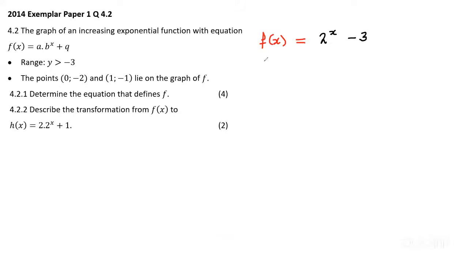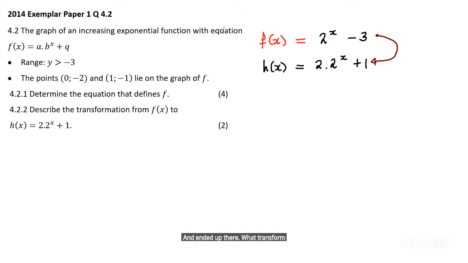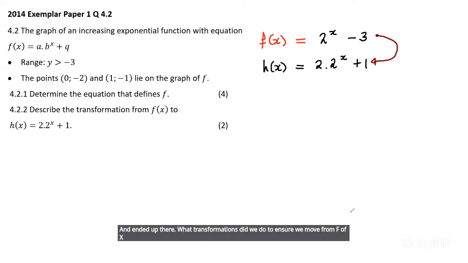H of x on the other side is 2 times 2 to the power x plus 1. We need to describe how we moved from here and ended up there. What transformations did we do to ensure we move from f of x to h of x?